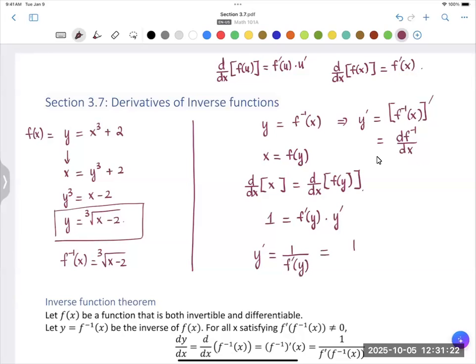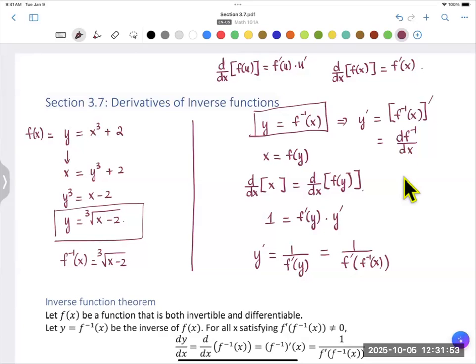And that is actually f prime of, and y is equal to what? y equals f inverse of x. And that is definitely the derivative of the inverse function. So y prime, or the derivative of the inverse function, is actually equal to 1 over f prime of the inverse function, of the output of the inverse function.